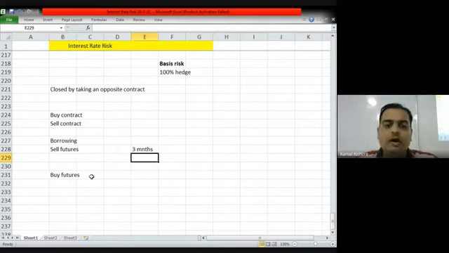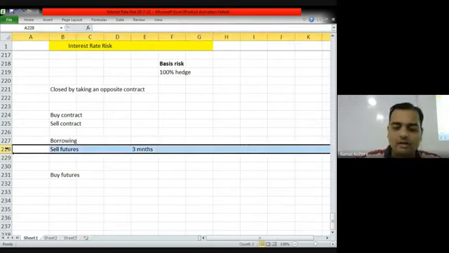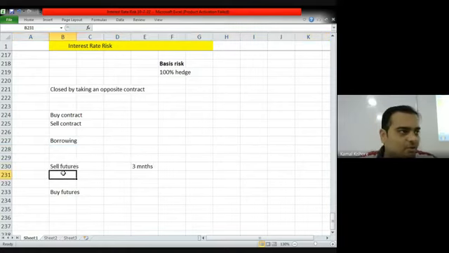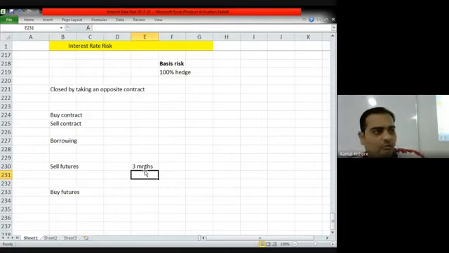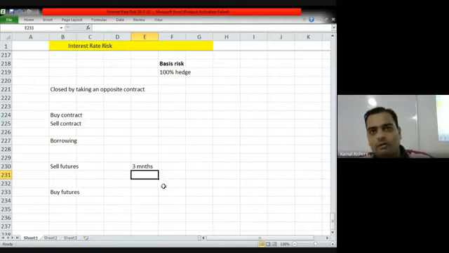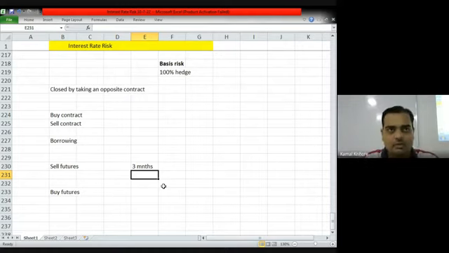3 months from now, I'll make a payment on the futures contract because I've sold futures. I'm selling the interest payments. I'll make the payment on the futures contract at whatever is the agreed rate. And whatever is the spot rate, on that basis I will receive the payment on a net basis.